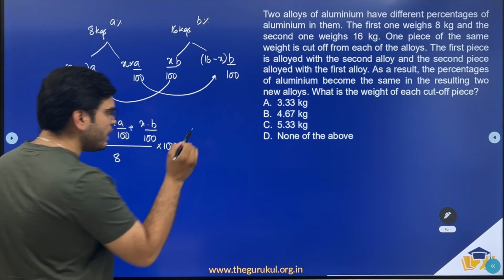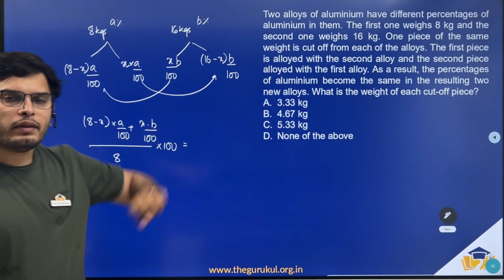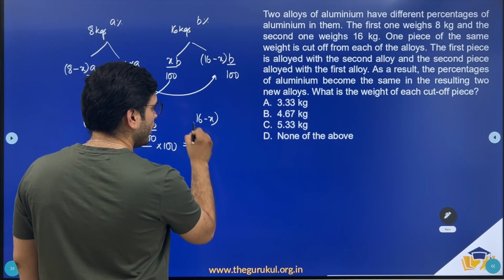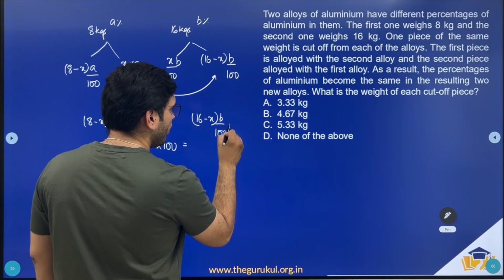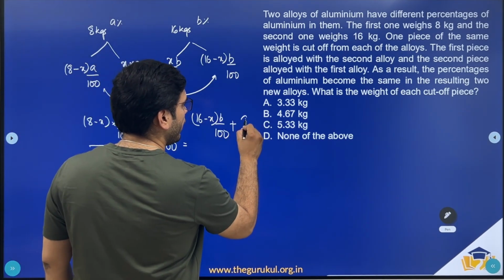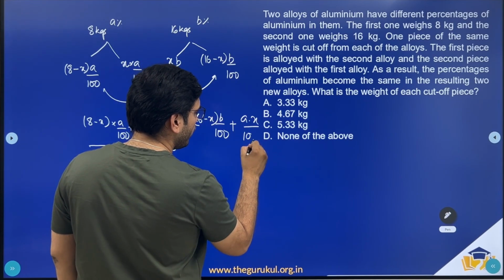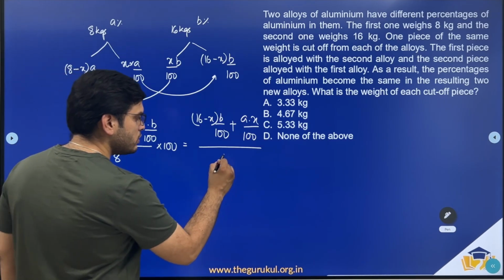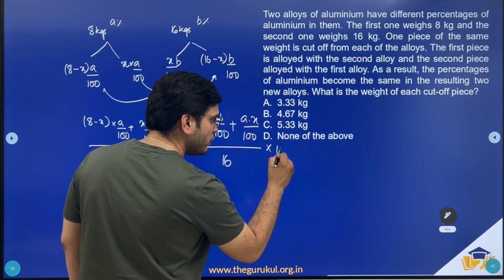Now this should be same as percentage of aluminium in the second piece. That would be (16 minus x) into B by 100 plus this is being added, A into x by 100, divided by what is the weight here? 16. Now in percentage, into 100.